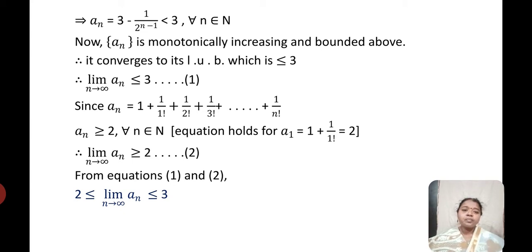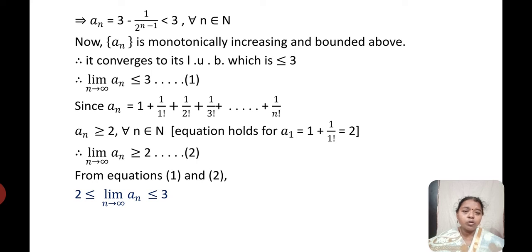Now since an is equal to 1 plus 1 by 1 factorial plus 1 by 2 factorial and so on up to 1 by n factorial, when I add the first two terms, you know the minimum value would either be 2 or greater than 2. So we can write this as an is greater than or equal to 2 for all n belongs to N. See, that is what it says.